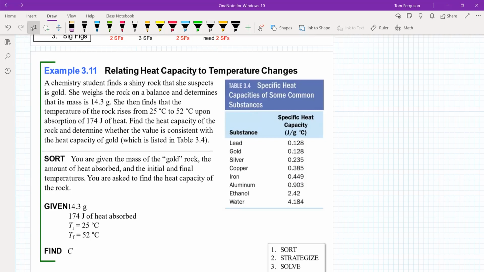For example, in this one, we get delta T, Q, mass.